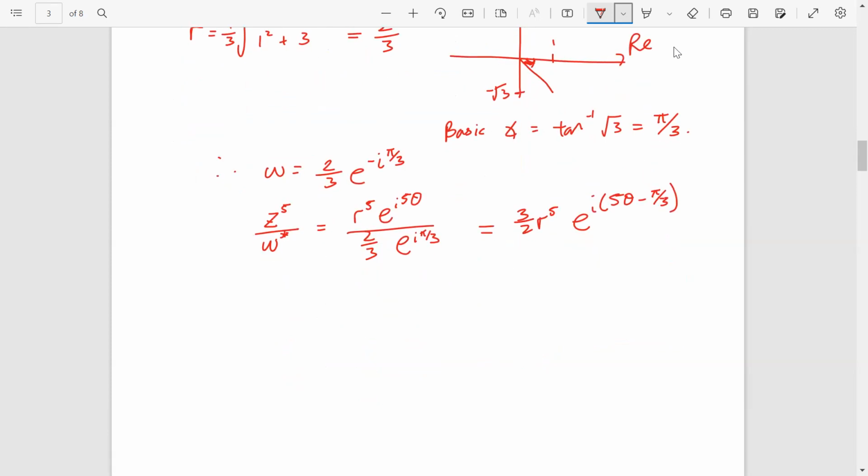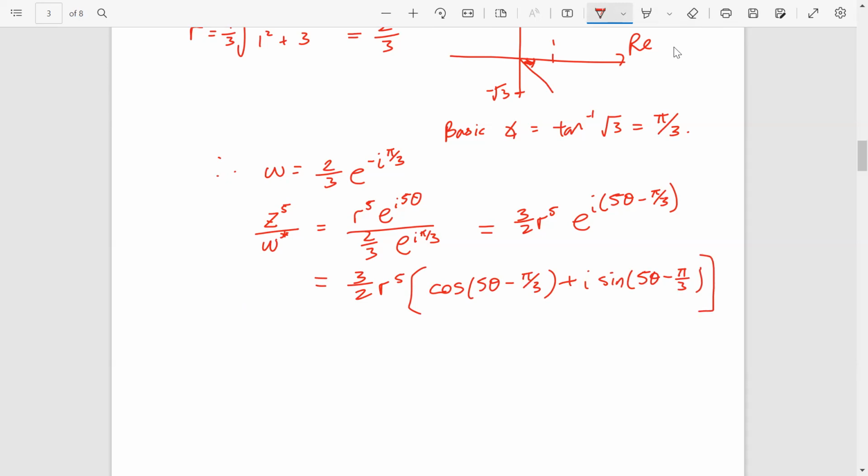Now, this part I taught before, but please remember this time again. We know that there's cosine plus i sine. So for it to be real, what is cosine plus i sine? It equals 3 over 2 r^5 times cosine of (5θ − π/3) plus i sine of (5θ − π/3).